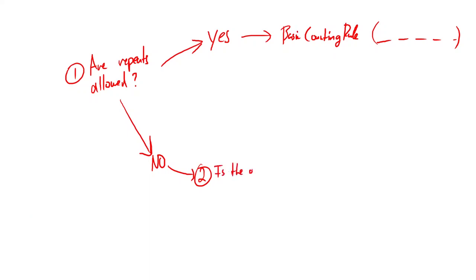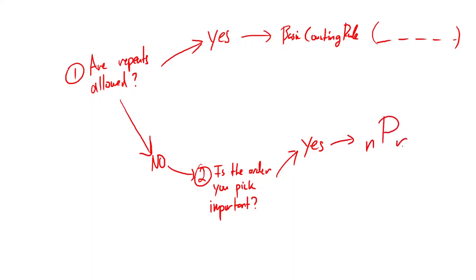Is the order you pick or get picked important? Because if the answer is yes, then you're dealing with a permutation. You care about rearrangements. And if the answer is no, then you're dealing with a combination.